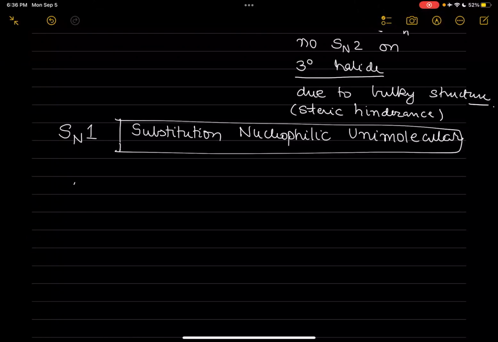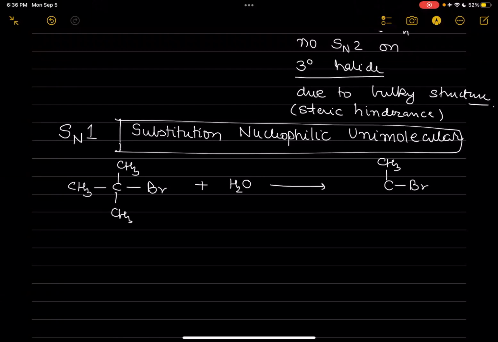Suppose we take a tertiary alkyl halide. And here we have seen that we expected that the reaction should not happen. SN2 will not happen. Why will SN2 not happen? Ryan, tell me.